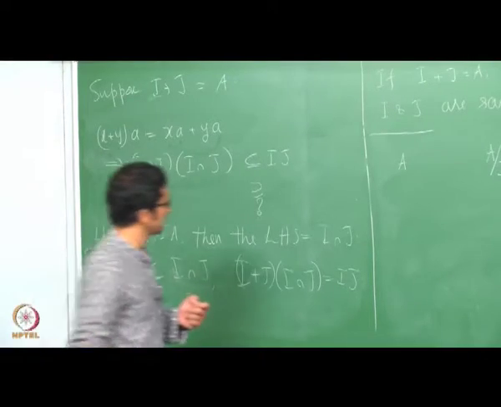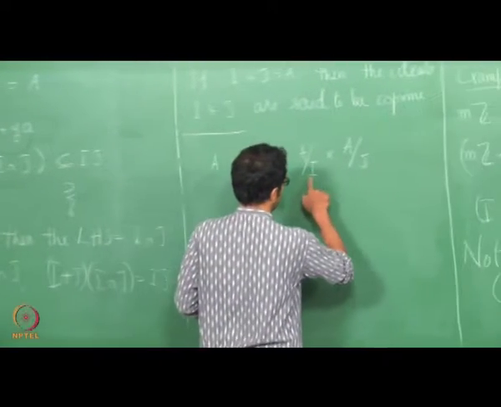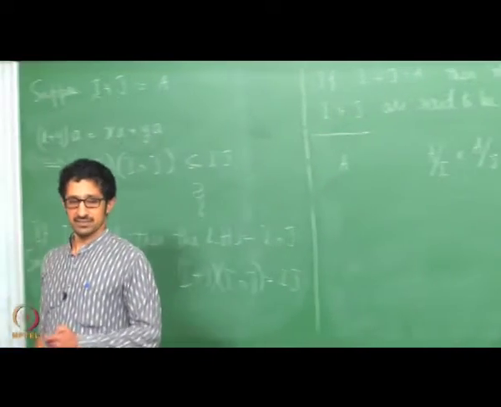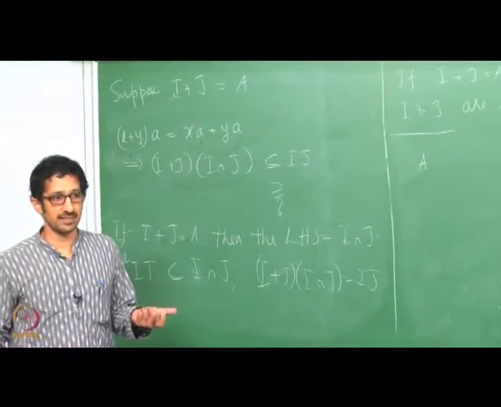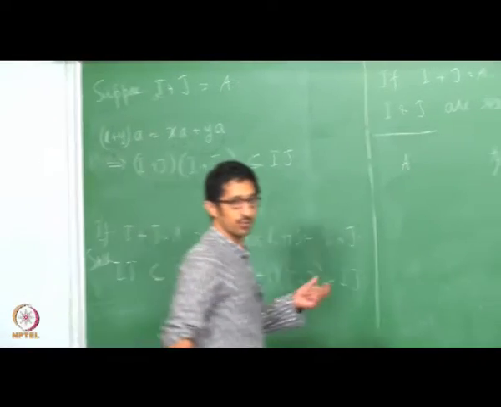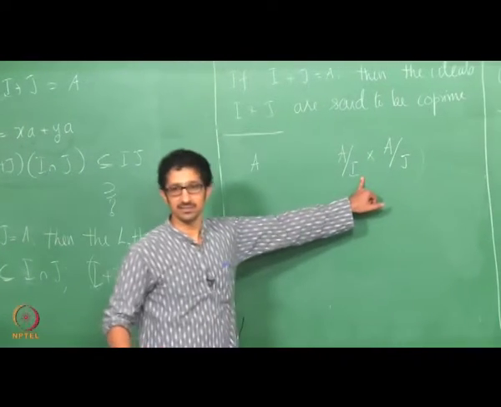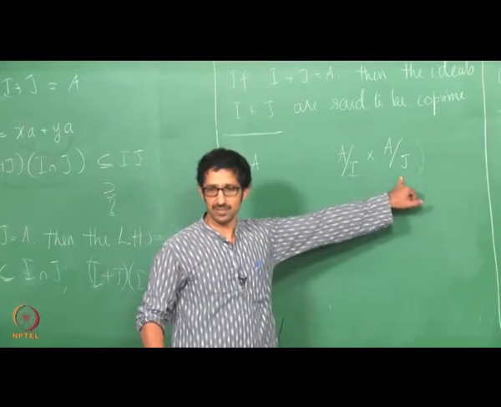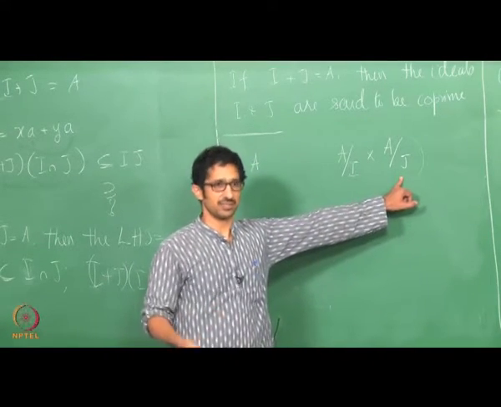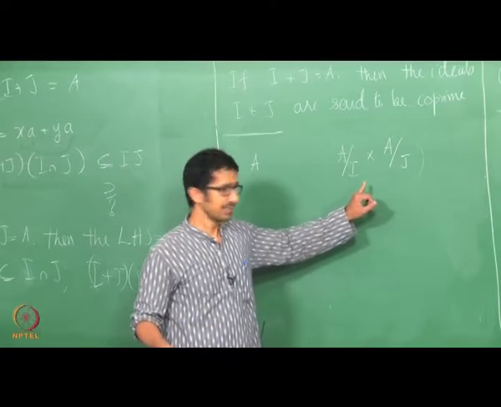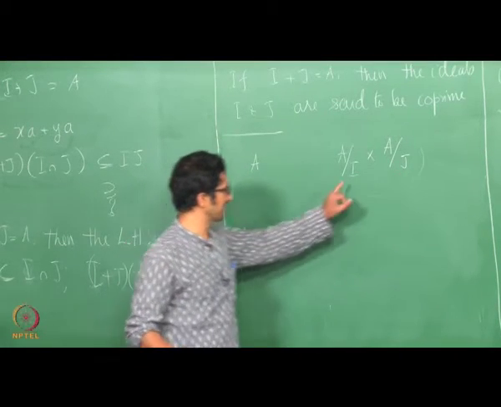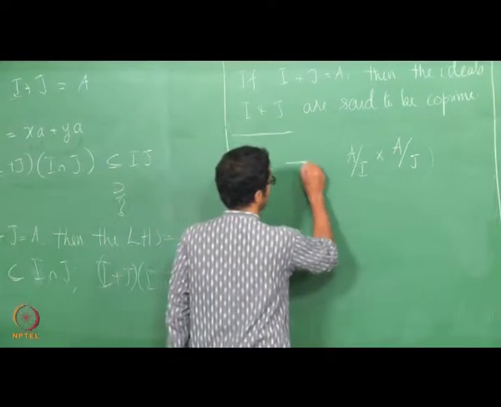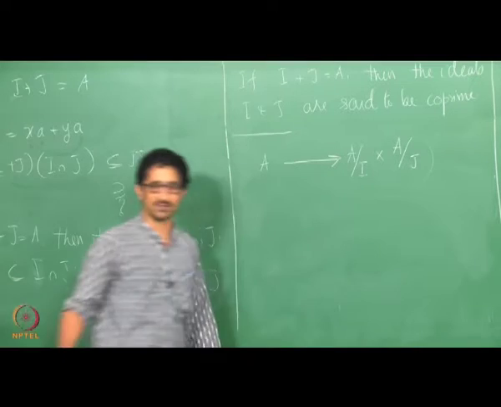So this is a commutative ring, and what is its identity element? 1 comma 1, right, or 1 bar comma 1 bar. Bar denotes the corresponding equivalence class. So this is a commutative ring with identity.